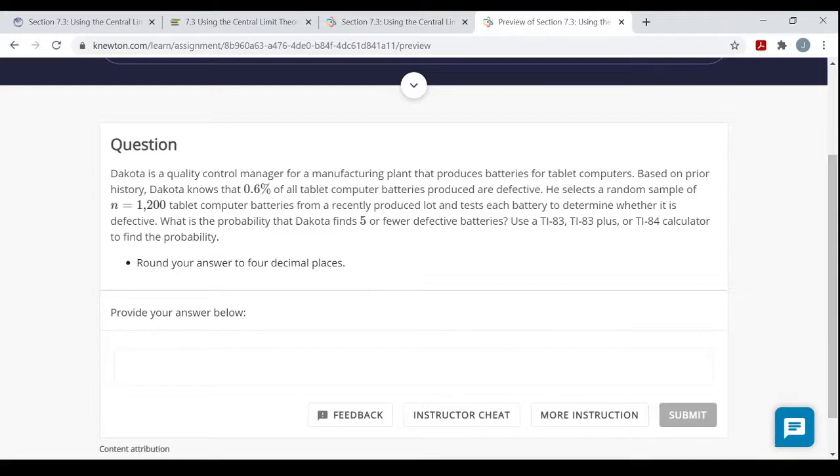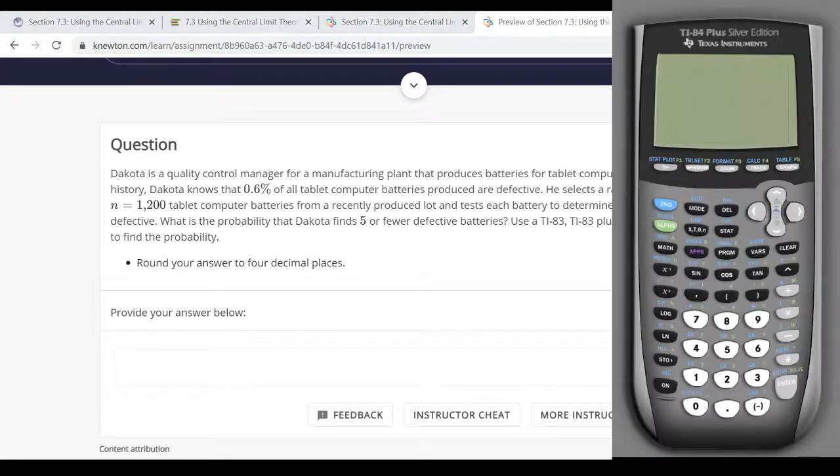Okay, so I'm going to pull up the calculator. We're going to use the normal distribution to approximate the binomial, so I go to normal CDF. Now the lower value, again, there is no lower value, so I'm going to put in some big negative number: negative 99,999.